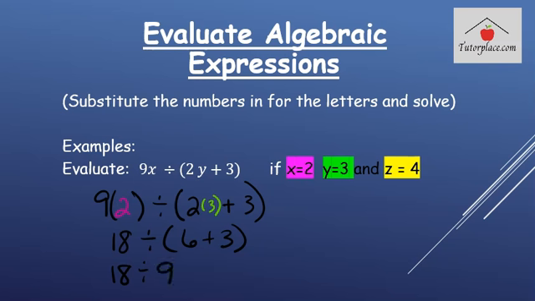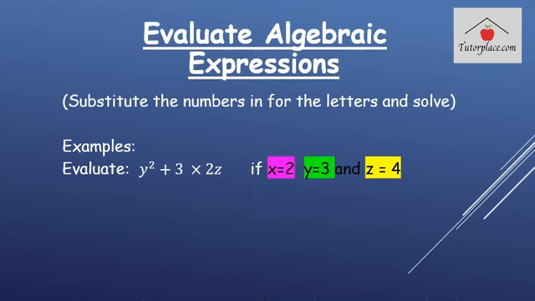And we have 18 divided by 9, which would give us a 2. Again, look back over it. Make sure you understand that we just simply plugged the 2 in for the x, 3 in for the y. And this time we didn't use the z because there was no z in the problem. Simply plug in the number into the correct spot.